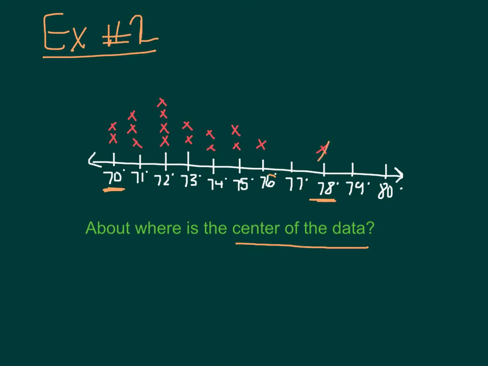I'm going to take one of the greatest, one of the least, and I'm going to keep going one from each side until I find one that is about in the middle. It doesn't have to be exact because they said about. So I ended up with just one x left over, 72 degrees. So I would say that is about the center of our data.